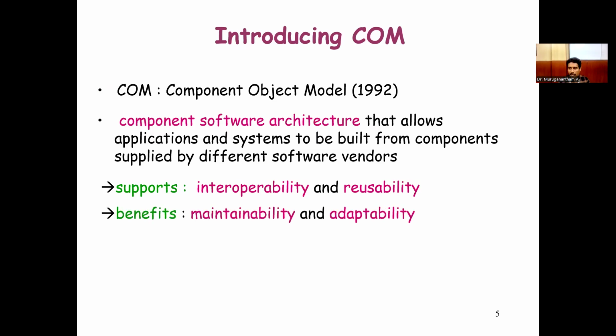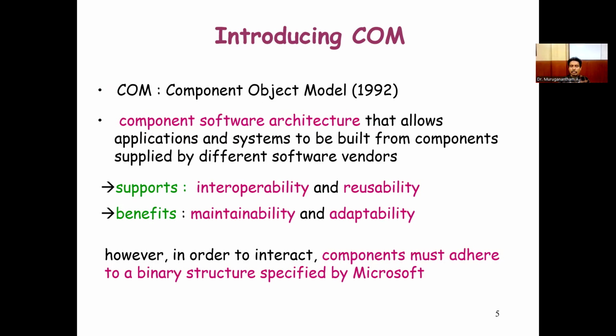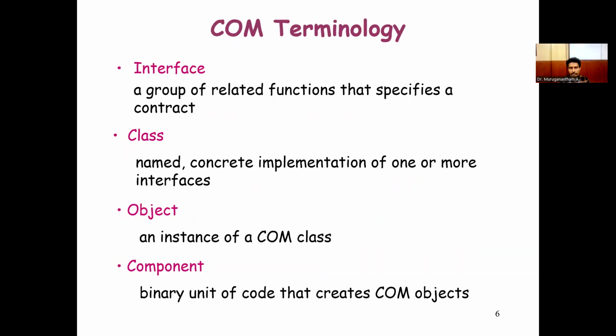The benefits are maintainability and adaptability: it is easily maintained and can adapt to different platforms. But one key constraint when using COM is that the component must adhere to the binary standard specified by Microsoft. Only then will it work.